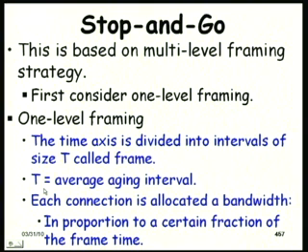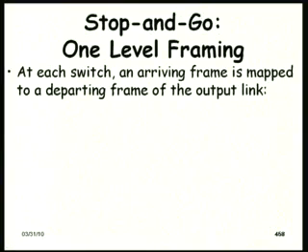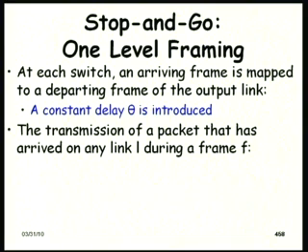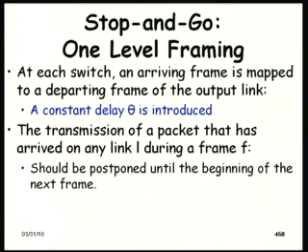For the next frame, there will be a certain fraction of the time which has been allotted to it, and it will be transmitted during that time. So, this gets delayed by a theta which depends on T, and theta is less than T.